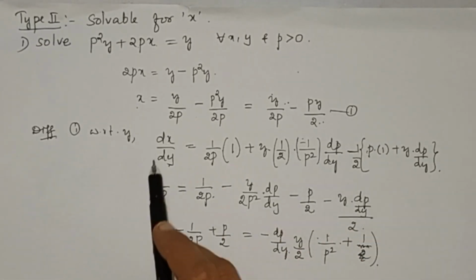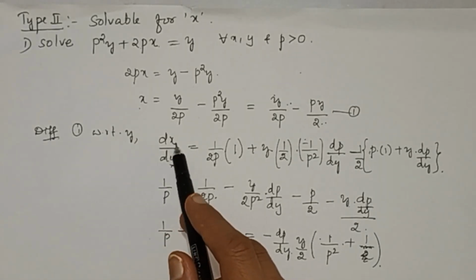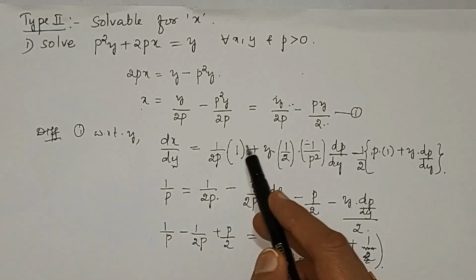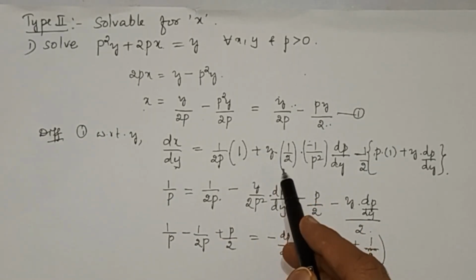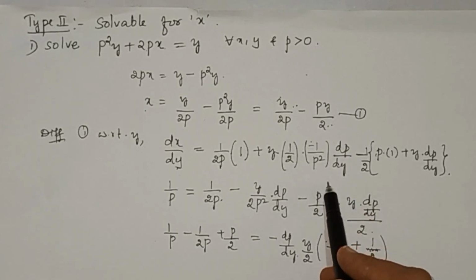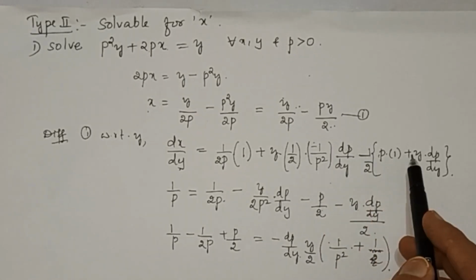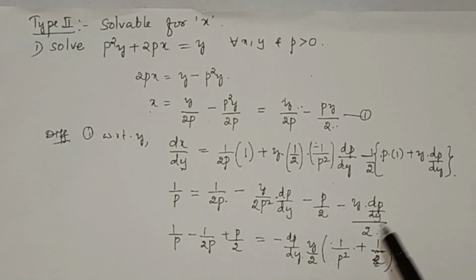So after this, dx/dy means 1/p, because dy/dx is p, therefore its reciprocal is 1/p. This is 1/(2p). This is plus into minus, minus y/(2p²) into dp/dy. Then minus p/2, plus into minus, minus y into dp/dy divided by 2.